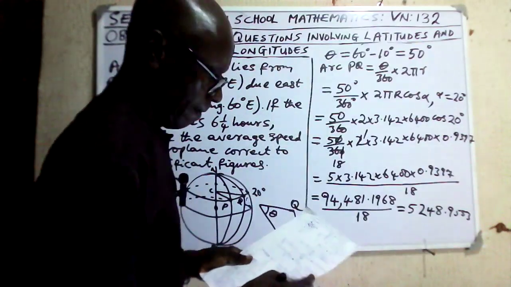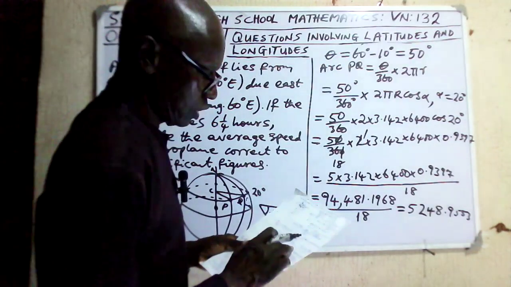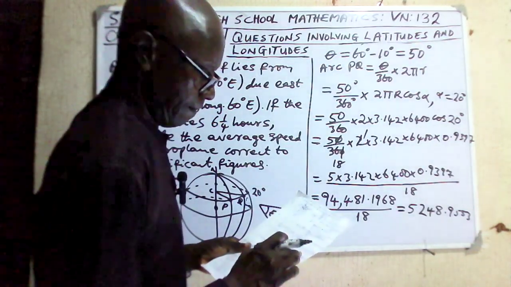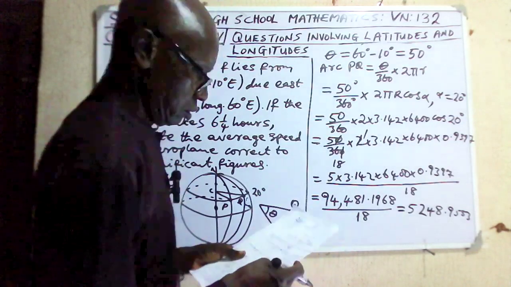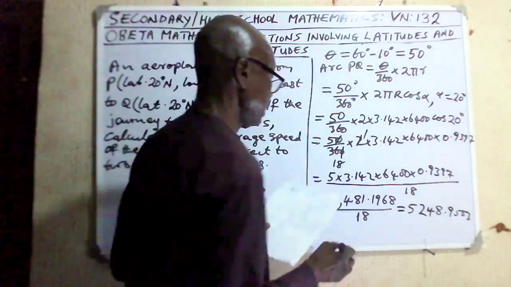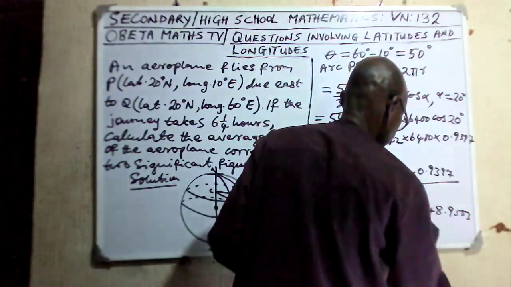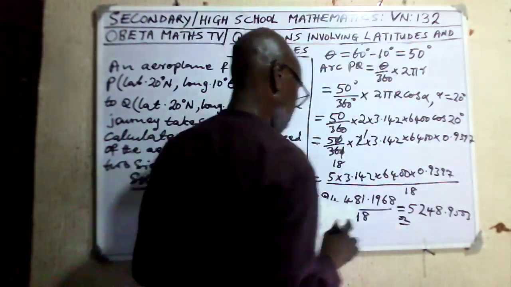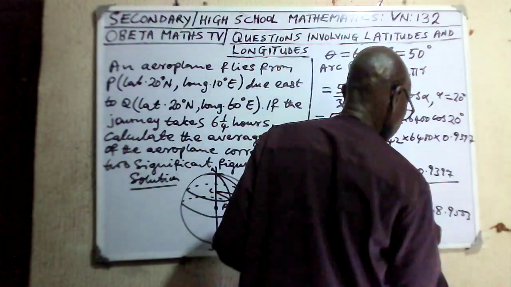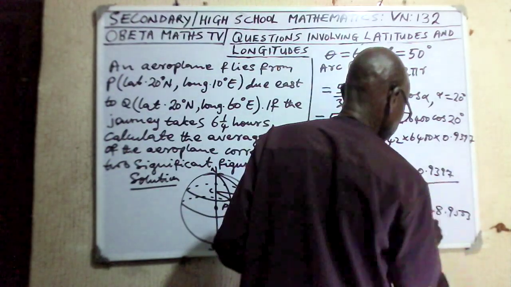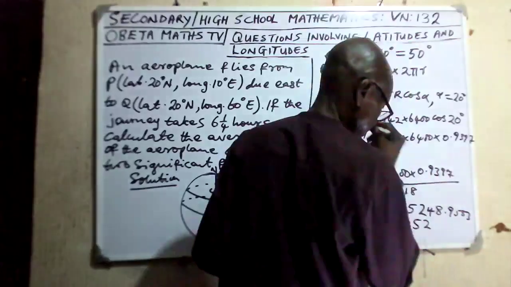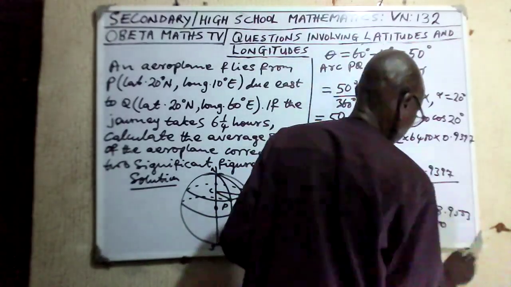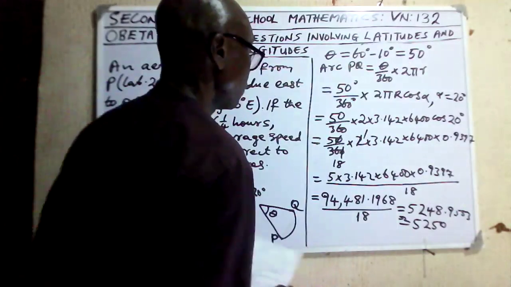To do significant figures, 1, 2, 3. It should be 1, 2, 3. 5, 2, 5, 0.